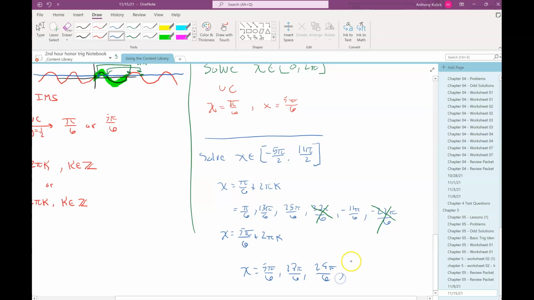But if I add another 2 pi to that, that's almost to 7 pi. That's too big, right? Has to be less than 5.5 pi. Is everybody okay with how I'm doing this? But we also have to worry about the negatives, so we'll subtract 2 pi now.